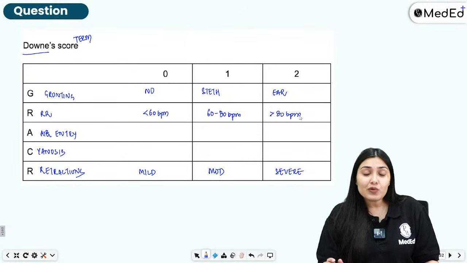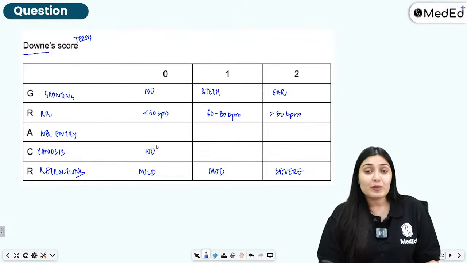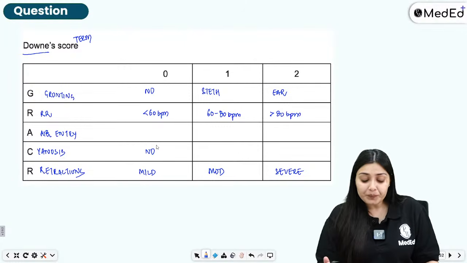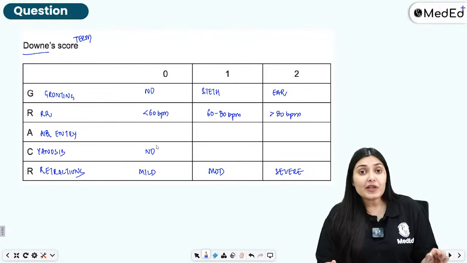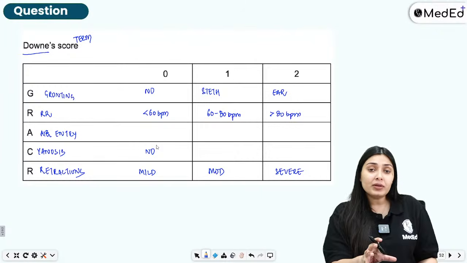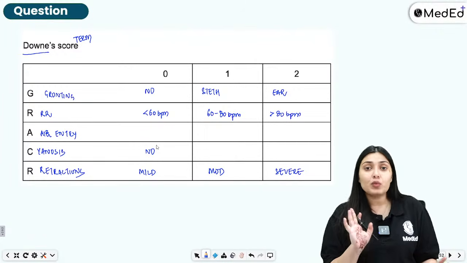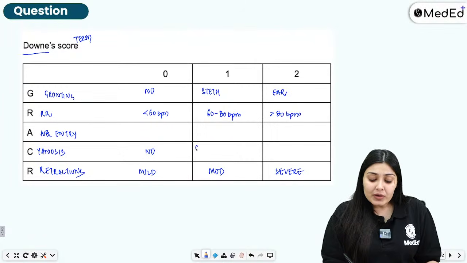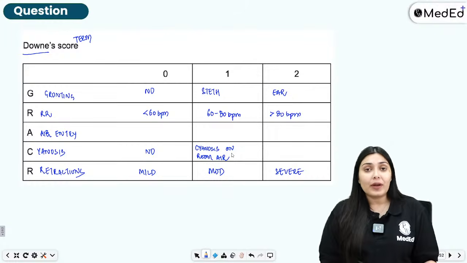Then comes cyanosis. If there is no cyanosis, baby is pink, 0. If there is cyanosis on just room air, and once you give oxygen, the cyanosis disappears, it's 1.